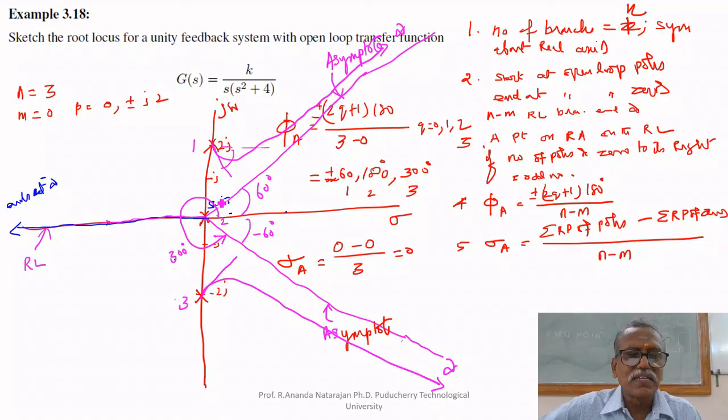It goes to infinity parallel to that asymptote, but at what angle it is coming out of that pole, we do not know. The open loop pole is at 2j. The root locus is coming out of that 2j. At what angle it is coming out, we do not know. That is one rule that we will see now.